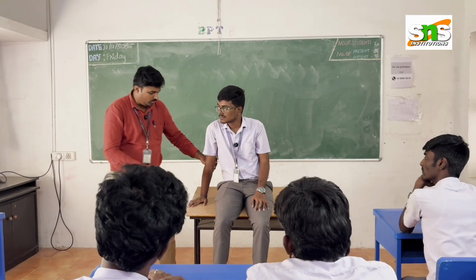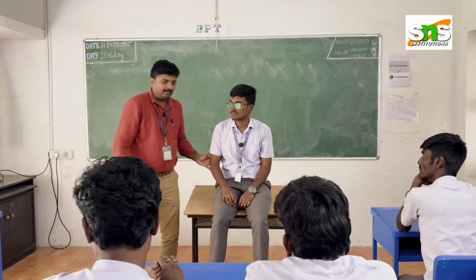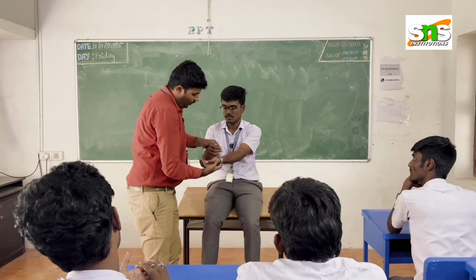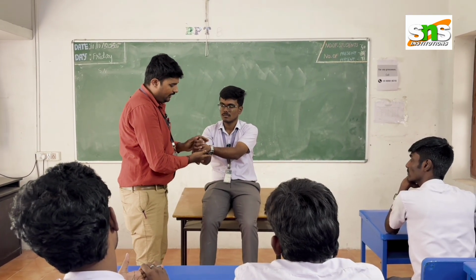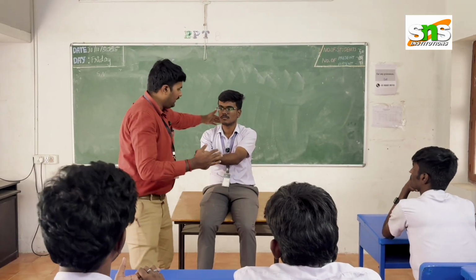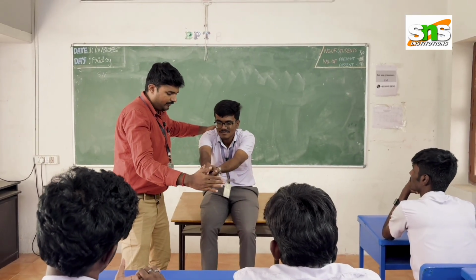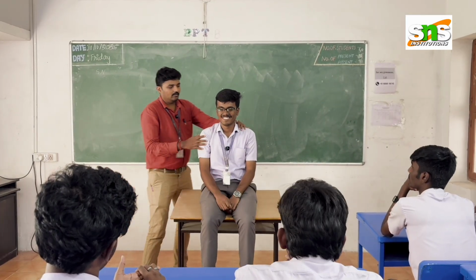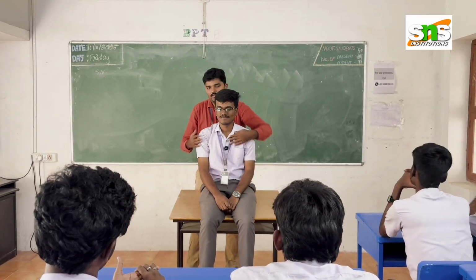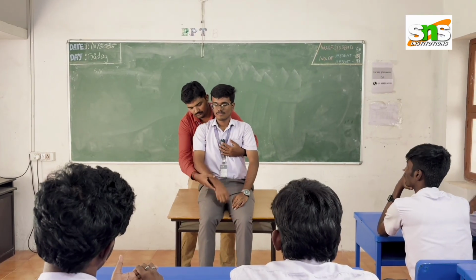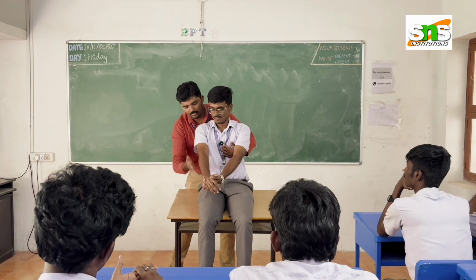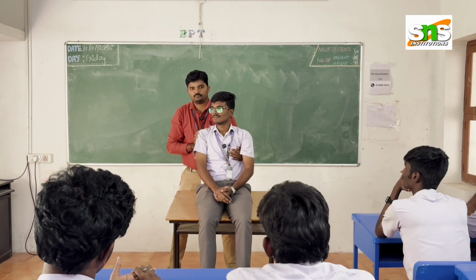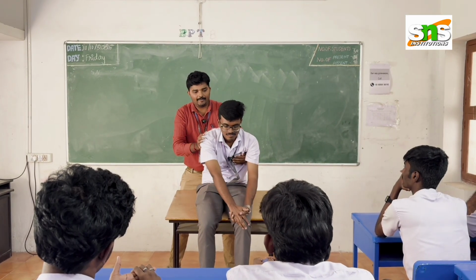Then we go for trunk training. In trunk training, hold the hand forward, then the patient moves the trunk forward and touches my hand. In this patient you have to support and stabilize the trunk. Front, then backward, repeated 10 times.